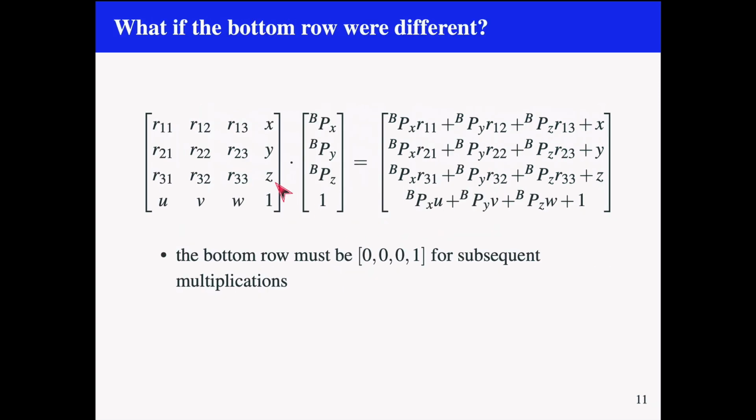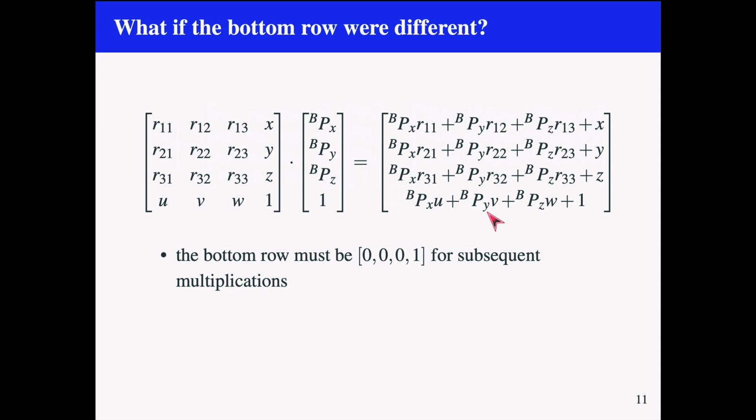So someone else asks a question: does this always have to be 0, 0, 0, 1? And the answer is yes. Again, remember that the bottom row's only purpose is to take this 1 and transfer it over in the multiplication so that we're ready to do the next multiplication after that. If these were something other than zeros, then when we took this row and dotted it with this column, we would get U times PBX plus V times PBY plus W times PBZ plus a 1.